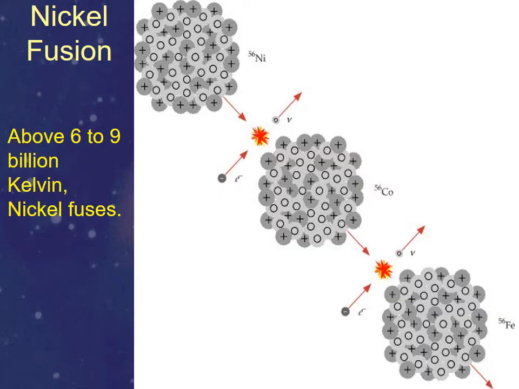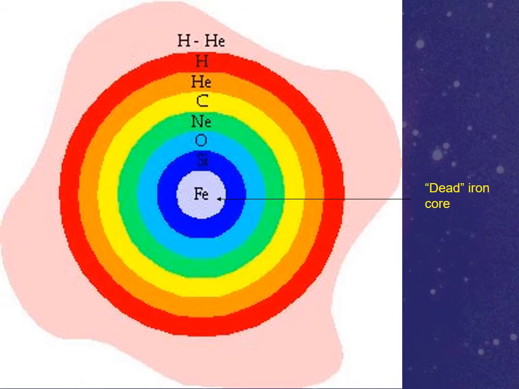The nickel is going to catch an electron and become cobalt, which will catch an electron and become iron. And that's it. Once you fuse to iron, you don't release any energy fusing anything else, and so the core is just going to be dead iron.